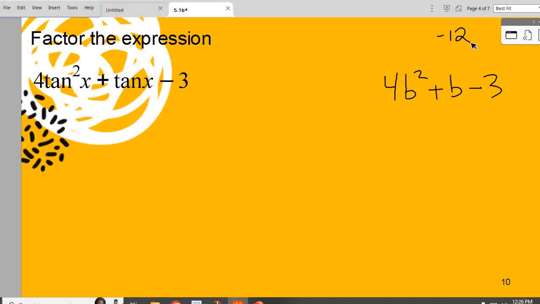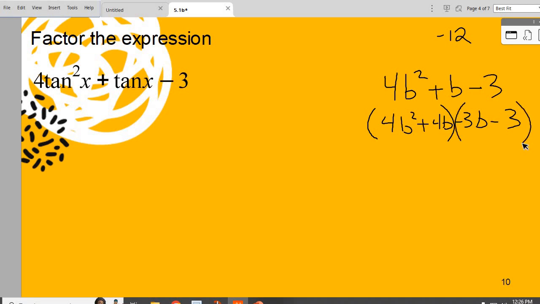Agreed. Okay. And then what do we do? Factor by grouping. Okay, so remember we group our first two together and our last two together.